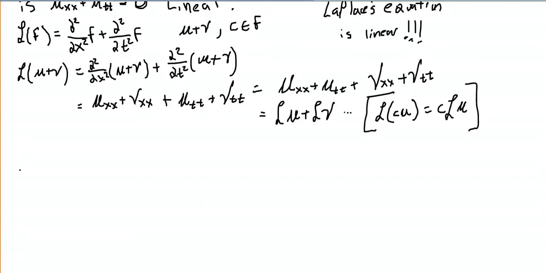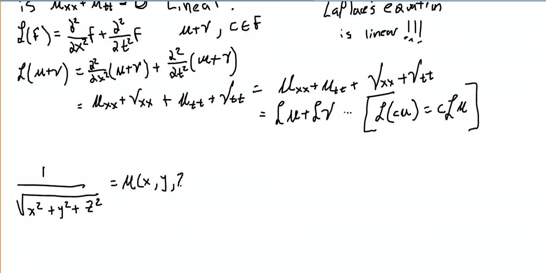This isn't a channel about physics. If you want to find that stuff out, go ahead, Google it. But I was able to find that one over the square root of x squared plus y squared plus z squared is a harmonic solution. So I'll call this u of x, y, z.